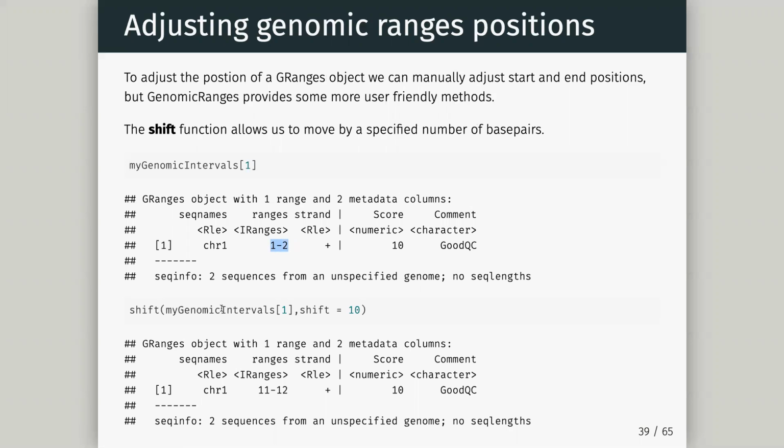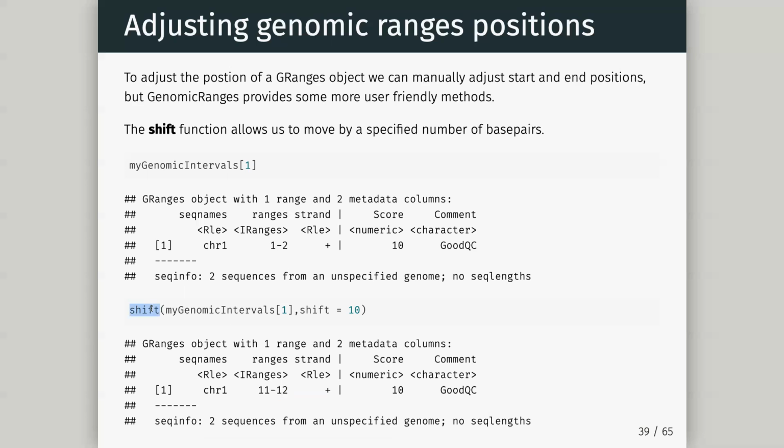If I just want to shift that along the genome 10 base pairs, I just need to provide shift, give it my GRanges, here it can be just one, but I can give it whole tables of GRanges. I tell it shift 10, and it just changes the start and the end to move them along 10 base pairs.